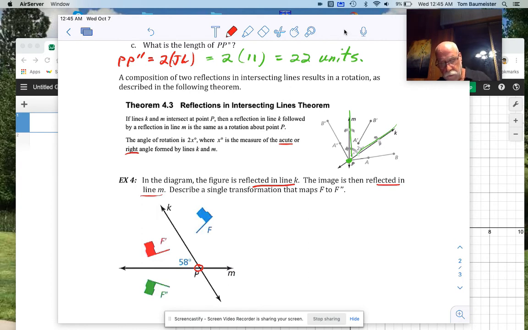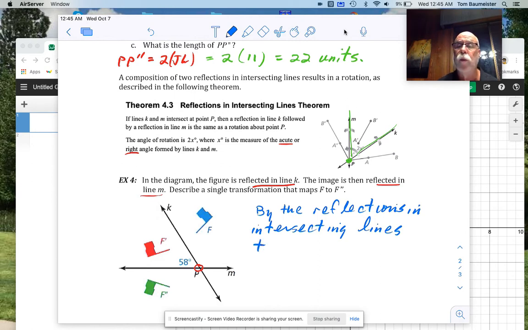So by the reflections in intersecting lines theorem, so when you look at your homework, you'll notice that I'm kind of being wordy here.